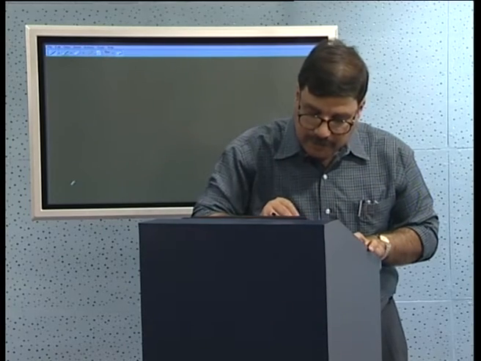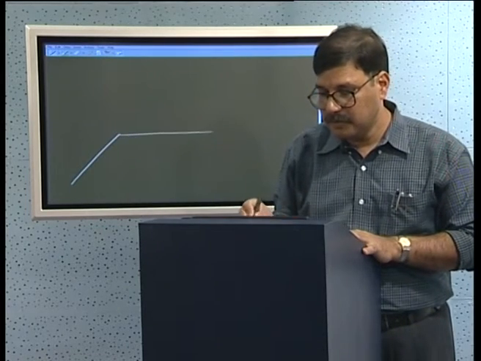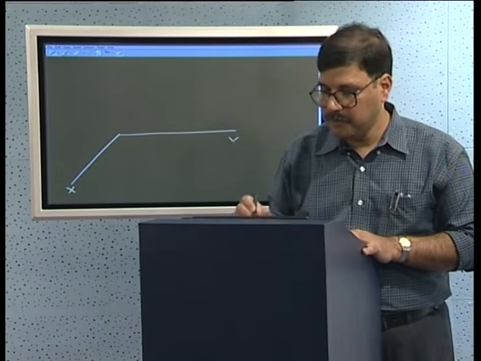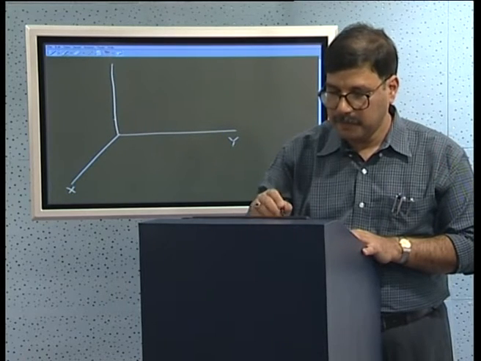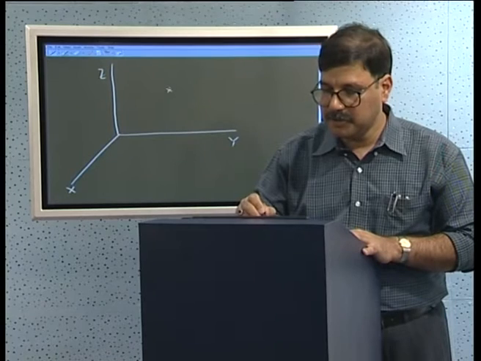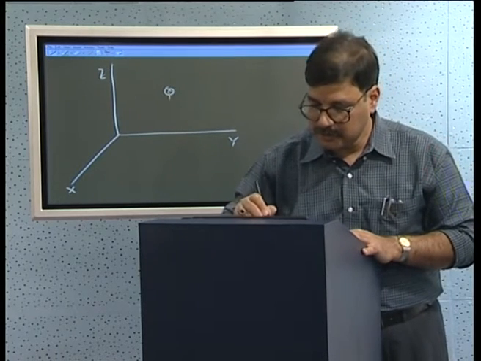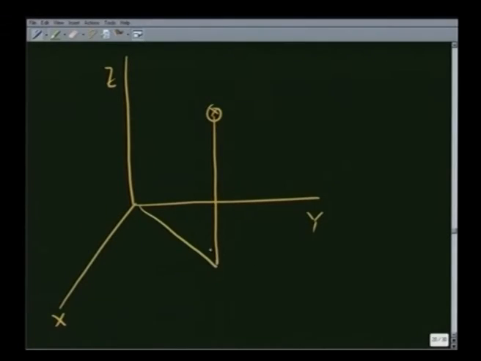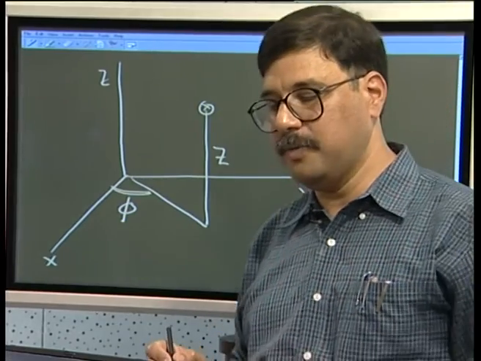So, I have x, y and z. The position of the particle is here, which is at a height z from the x y plane. In the x y plane, the radius vector makes angle phi from the x axis.